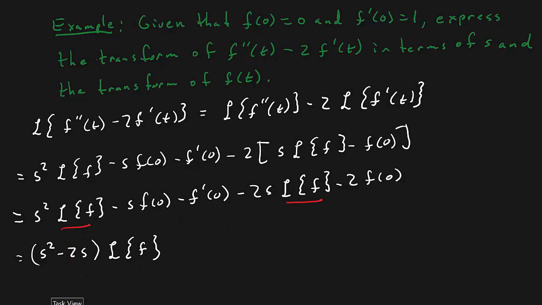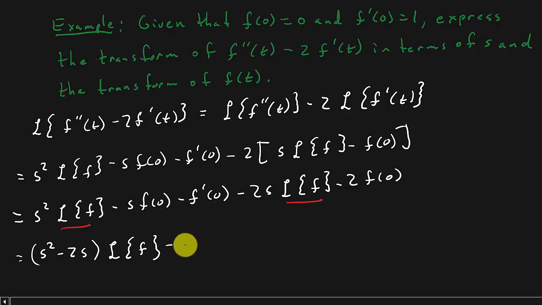All right. And now we've got, let's see, minus s times, now what's f of 0? F of 0 is 0, so times 0 minus f prime of 0, which is 1. See, that's up here, minus 1. And let's see, minus 2 times f of 0, which is 0.